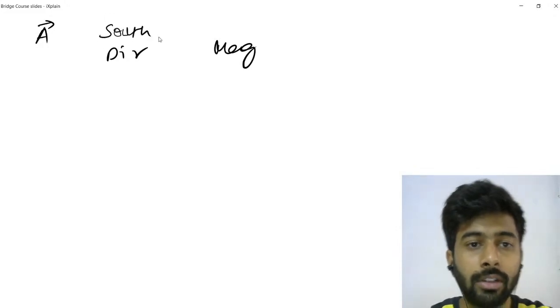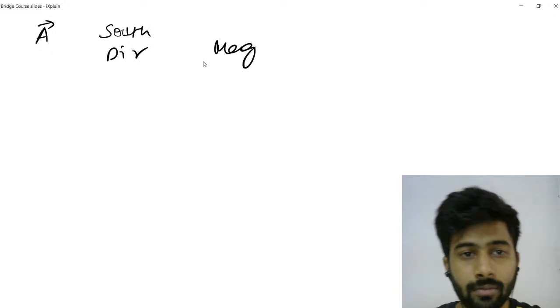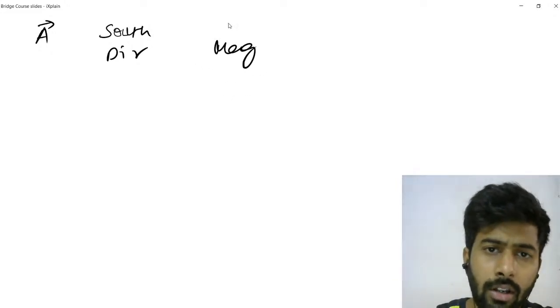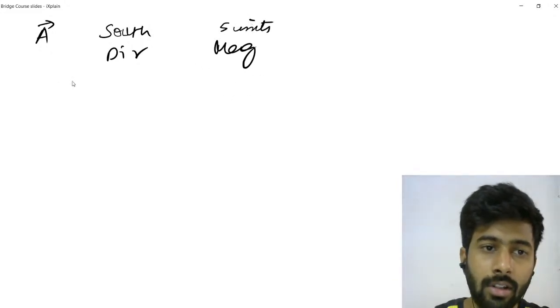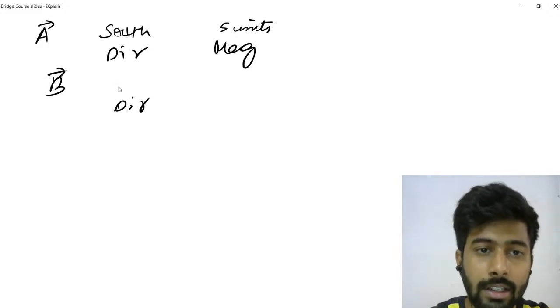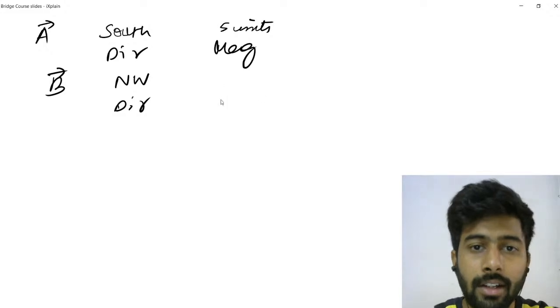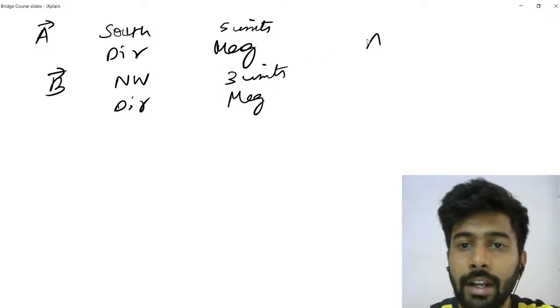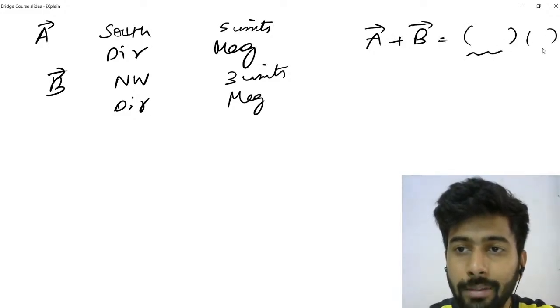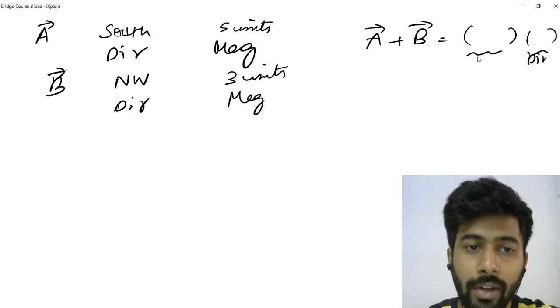And its magnitude is 5 units. B bar is a vector whose direction is northwest, and magnitude is 3 units. How will you get A bar plus B bar? What will be its magnitude, and what will be its direction, this new vector?